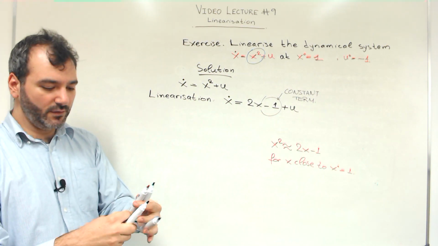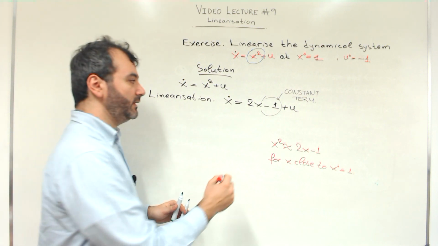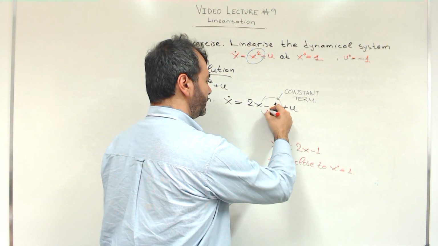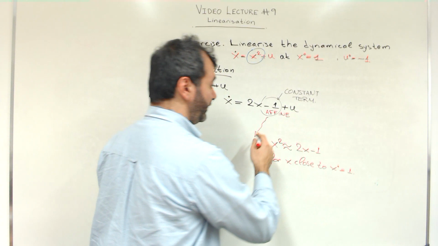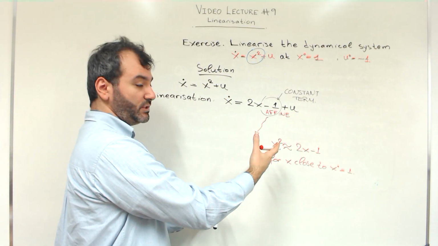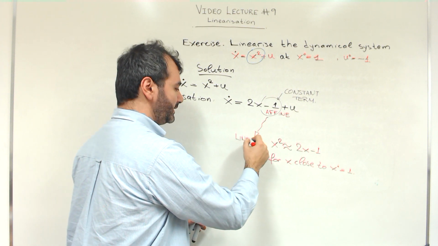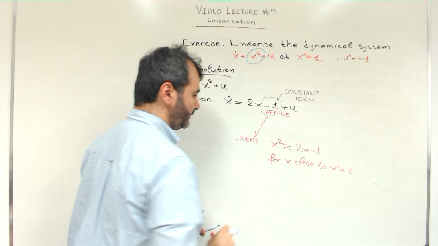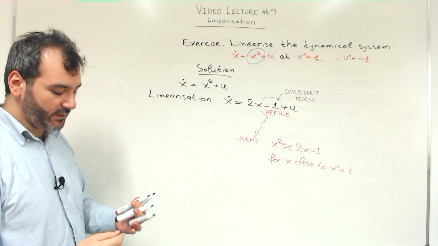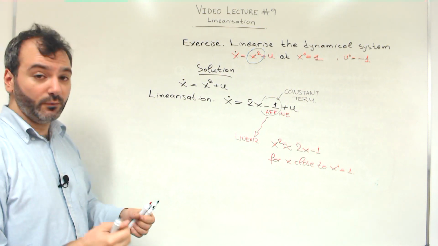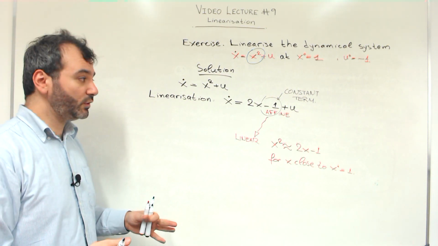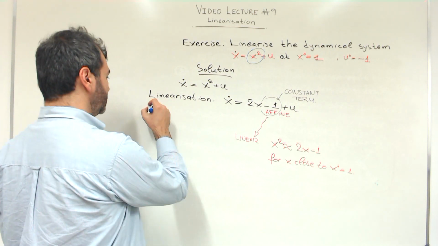But I promised you in the beginning, and in the previous lecture as well, that when we have an affine system, there is a way to introduce a change of variables that allows us to write it as a linear system. The change of variables we will introduce, actually variables which are called deviation variables.